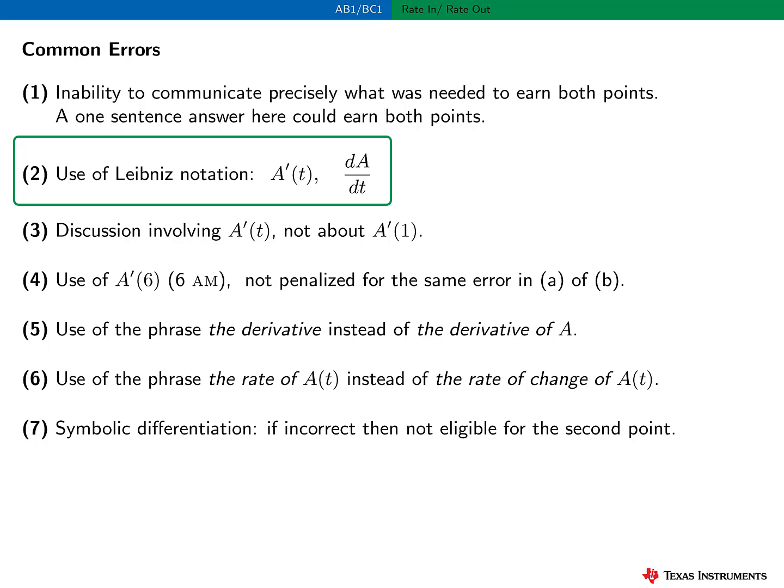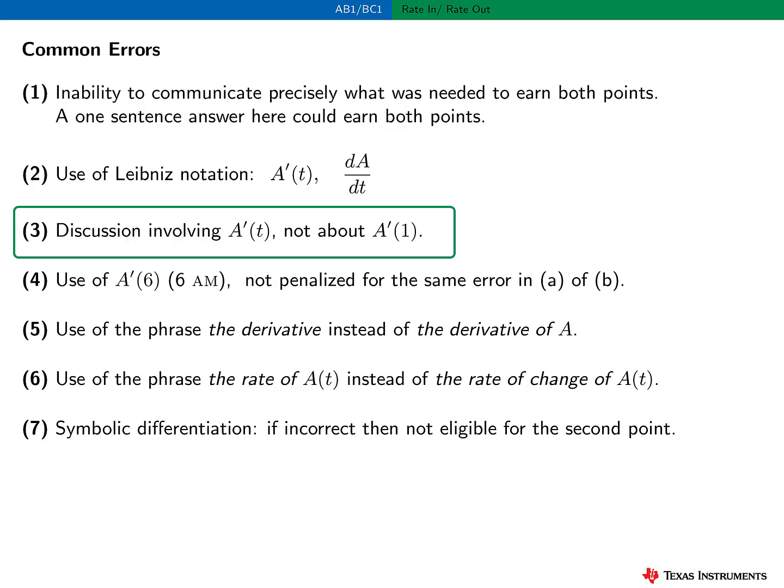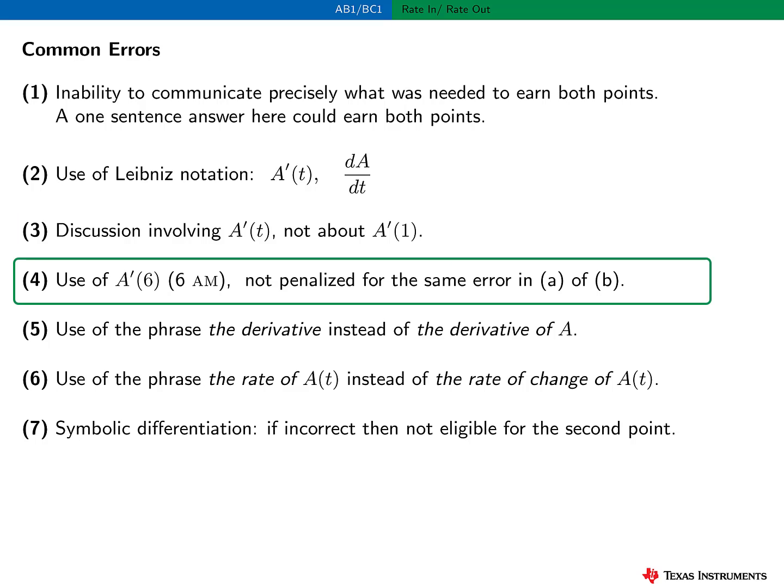So if A prime of 1 was not clear, the response did not earn the first point. Some responses included discussions of A prime of t, not A prime of 1. Responses that used and discussed A prime of 6 did not earn either point, unless of course they were already penalized for this error in parts A or B.